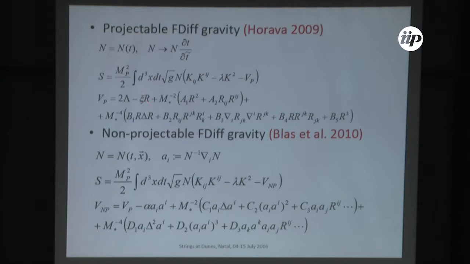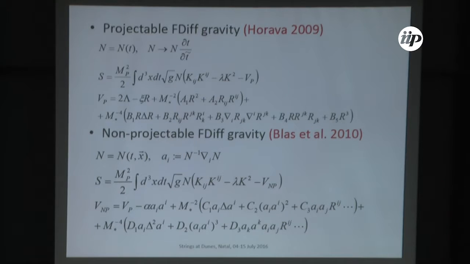Very quickly, almost immediately, people realized that it's quite impossible to confront with experiment, even within the solar system. And the next year, this group of people showed that actually non-projectable gravity can make sense, up to the fact that it has up to 100 coefficients, parameters.